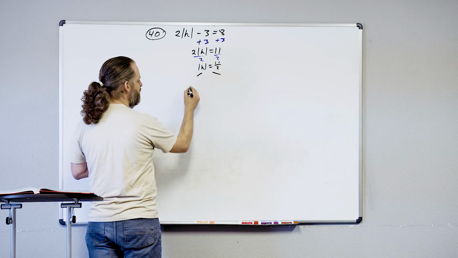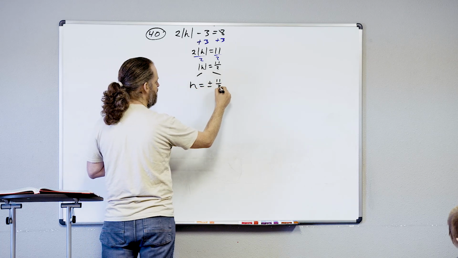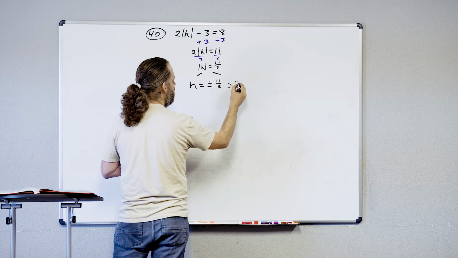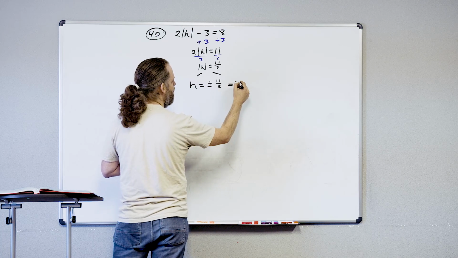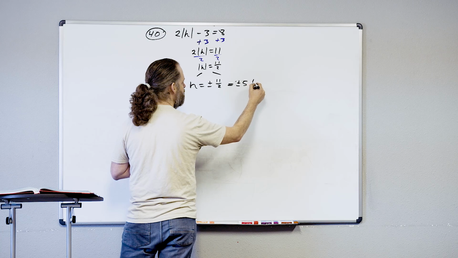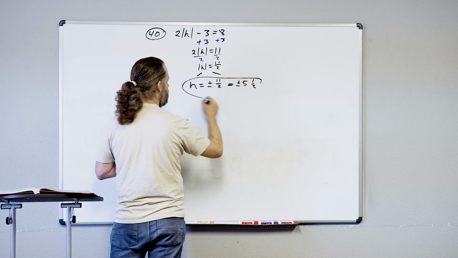Split it into 2, and so h would equal plus or minus 11 halves, which is the same as 5 and a half, right? I don't know what I'm doing. 5.5. That's true, it'd equal that too.